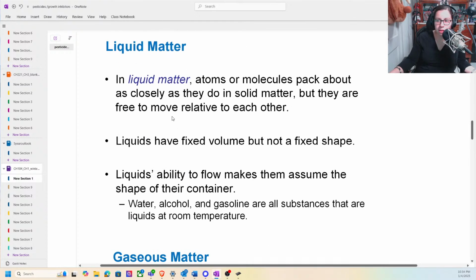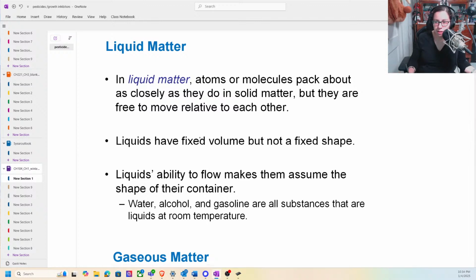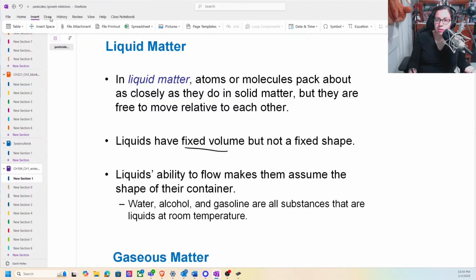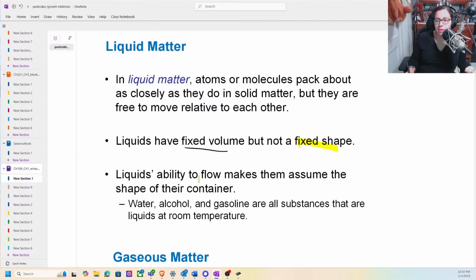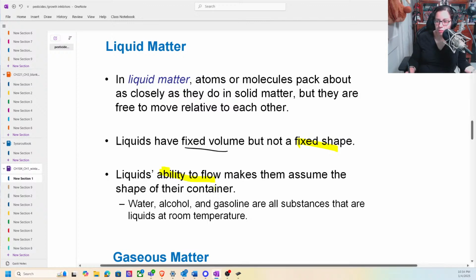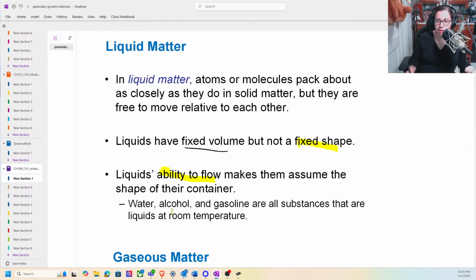And then in liquids, like we mentioned, they're now free to slide past one another. So we mentioned the fixed volume, but not the fixed shape. They have this ability to flow. Again, think about different substances. We mentioned water, alcohol.